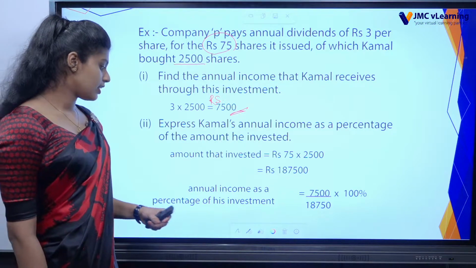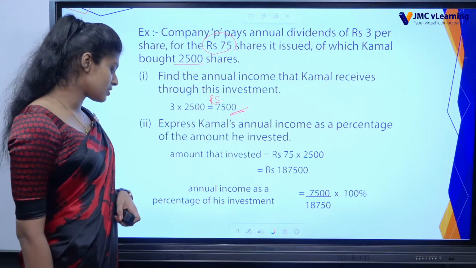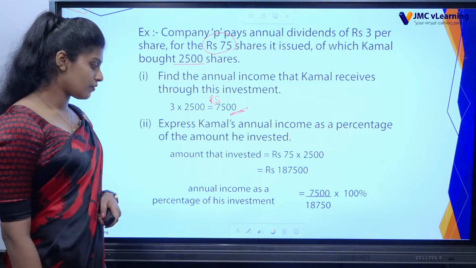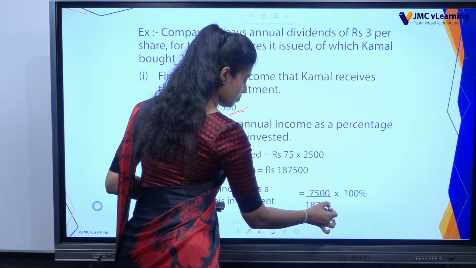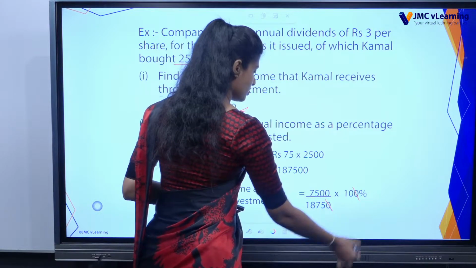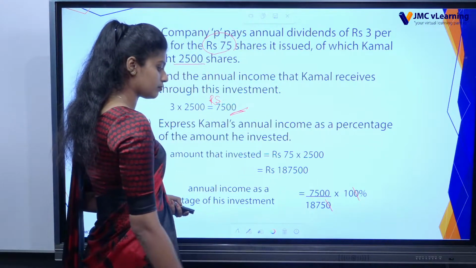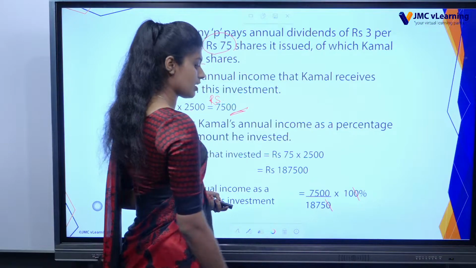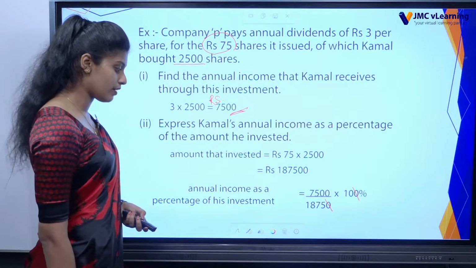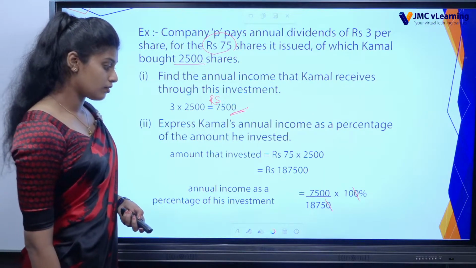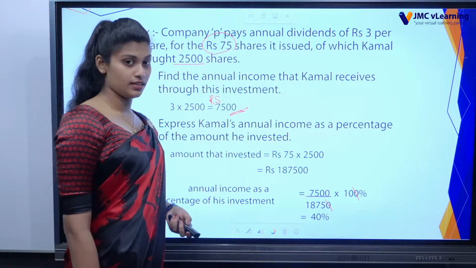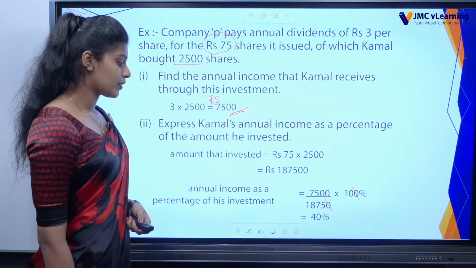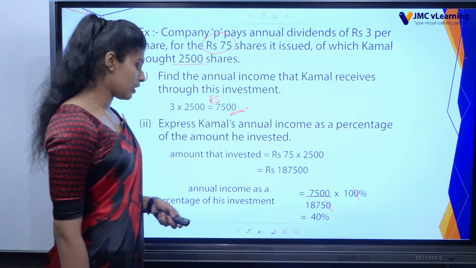Let's find the annual income as a percentage of his investment. Let's simplify. 0 and 0 can cut. Then 75,000 you have to divide by 1,875. Then you can take the answer as 40%.